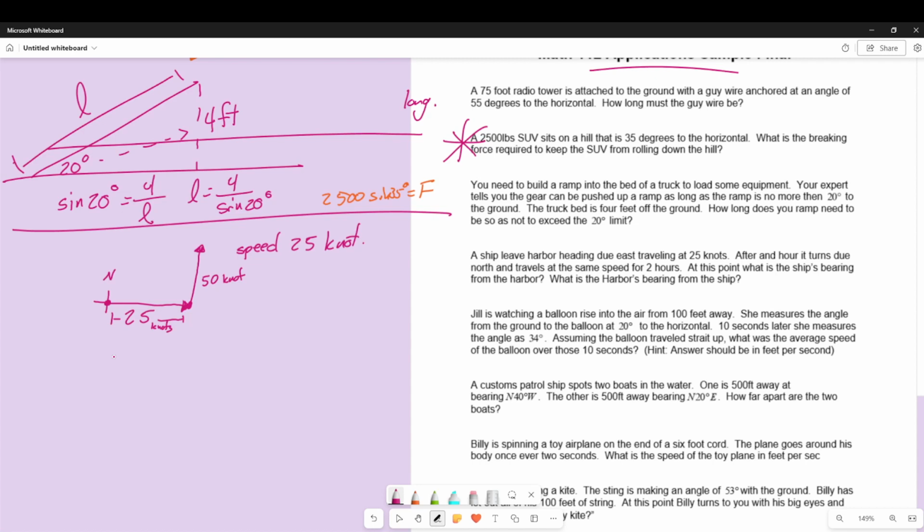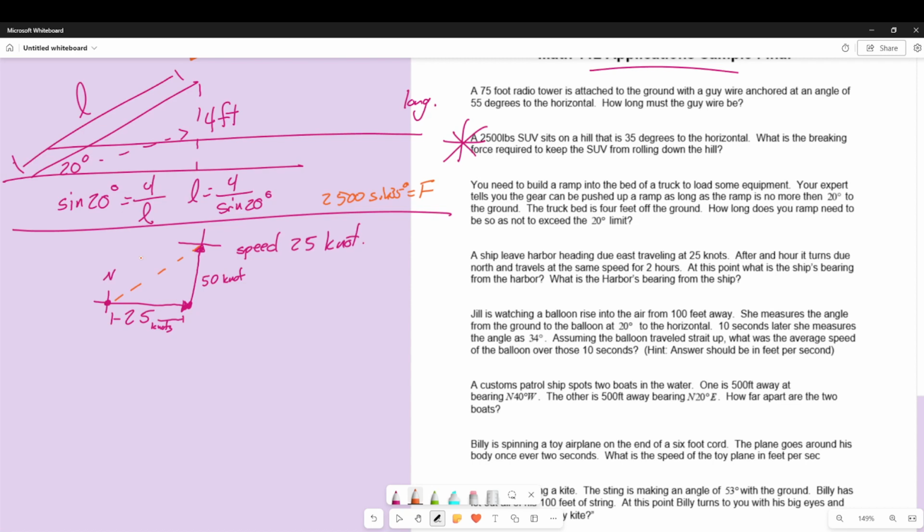At this point, what is the ship's bearing from the harbor? And the harbor's bearing from the ship. So essentially, if you wanted to turn back, what would your bearing be? What direction would we go? Or if you were at the harbor, what direction would you have to go to get to the boat?